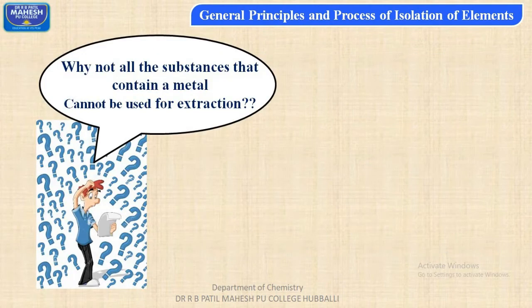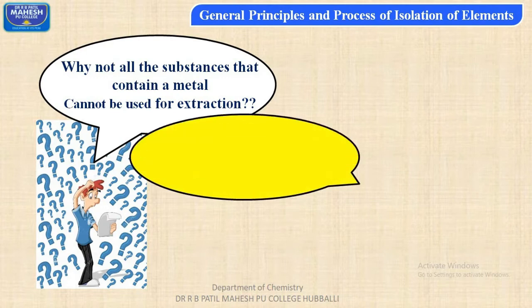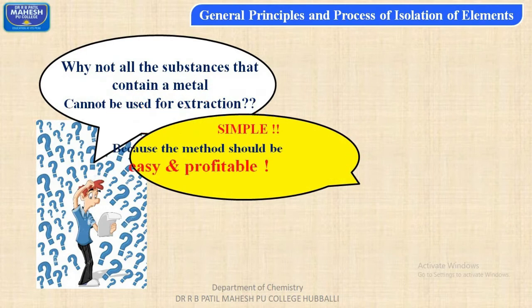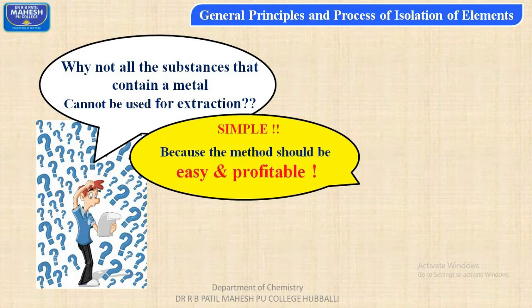Then one question arises in your mind, why not all the substances that contain a metal be used for the extraction? So the answer is very simple, because the method should be easy and profitable one.